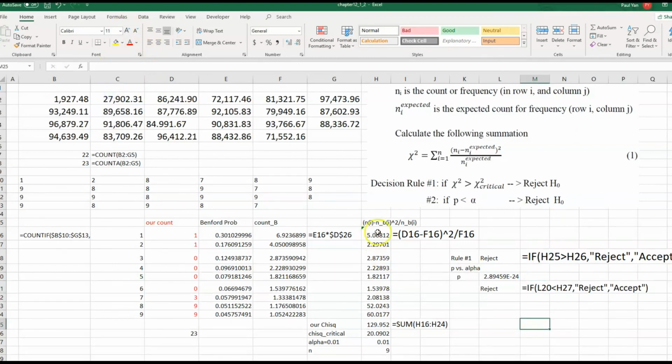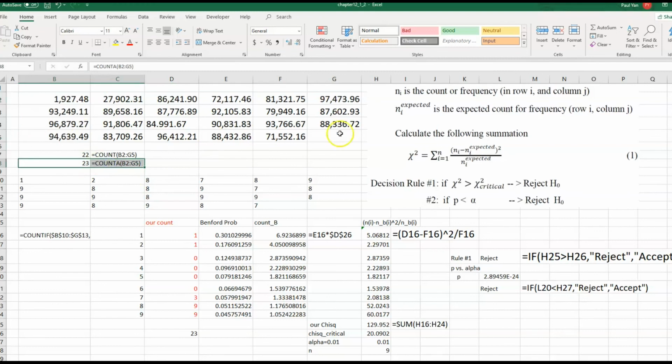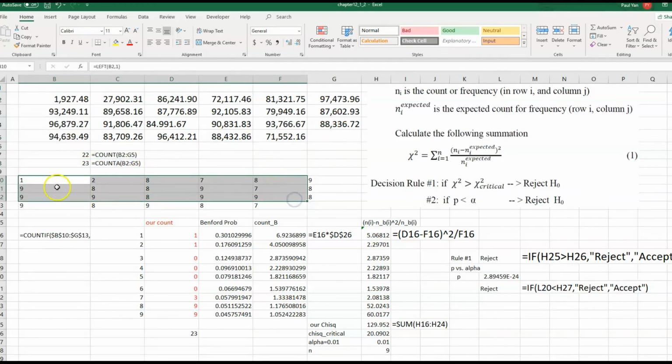I'm going to summarize this exercise. We have 23 receipts, and we want to test whether the first digit of these 23 receipts follows Benford's law. Step 1, we calculate how many receipts. Step 2, we pick up the first digit.